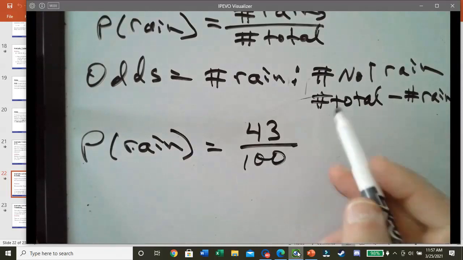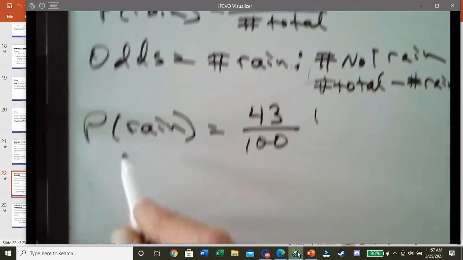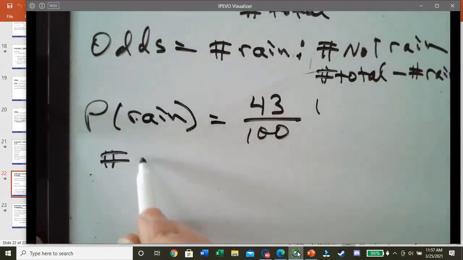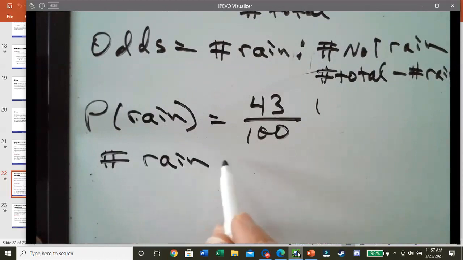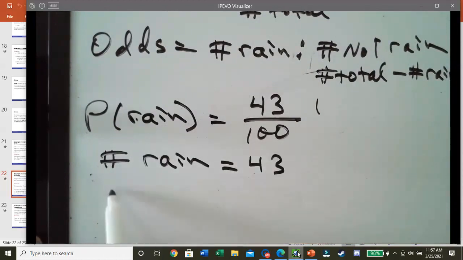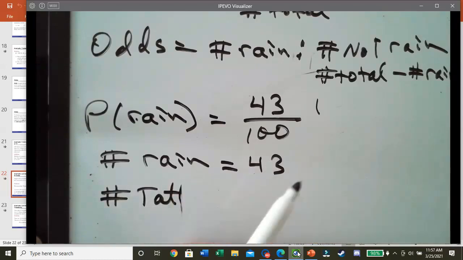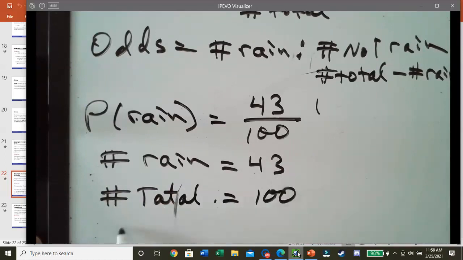So the number of days that it rained is 43. Total days is 100.